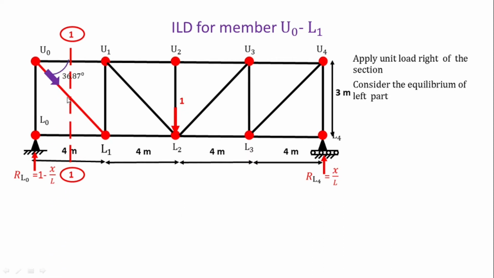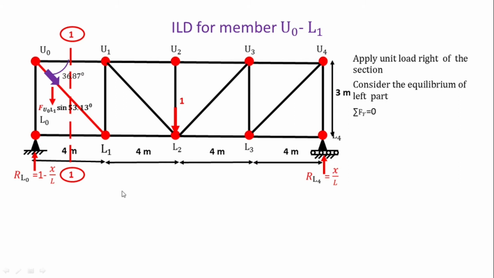Now the angle is again the same, 36.87, and we are applying the sigma Fy condition. So there is one vertical force, the reaction at L0, and the resolution of U0L1. Again the resolution is the same, FU0L1 sine 53.13.